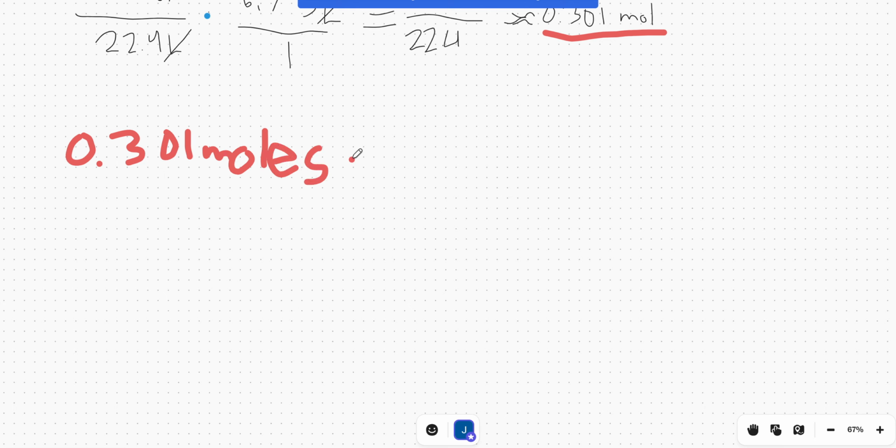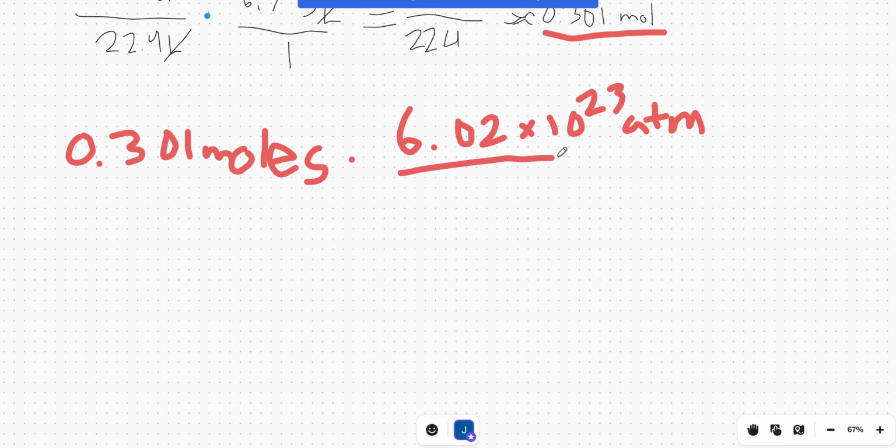Moles times 6.02 times 10 to the 23rd atoms. I'm just going to shorten that to ATM, and it's not atmosphere. And divide that by 1 mole.